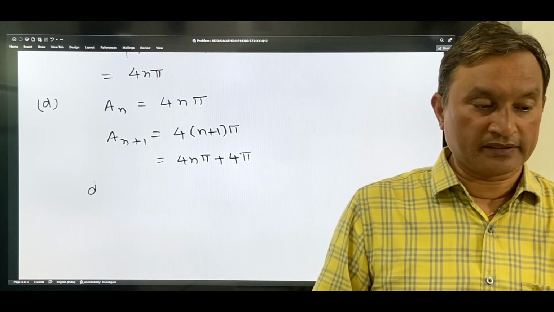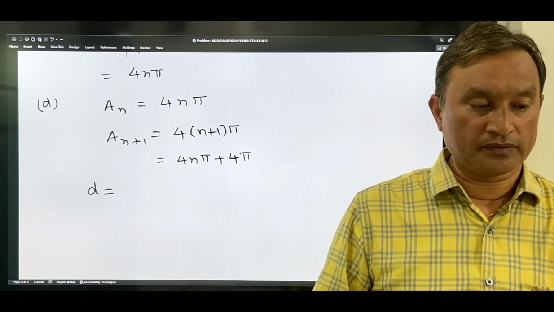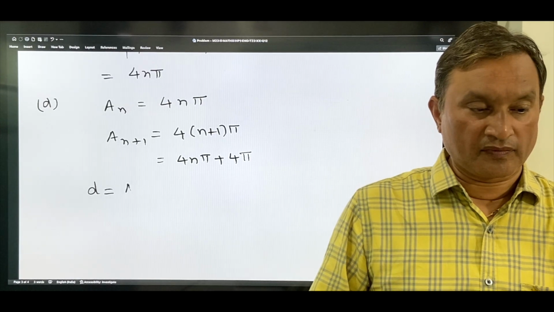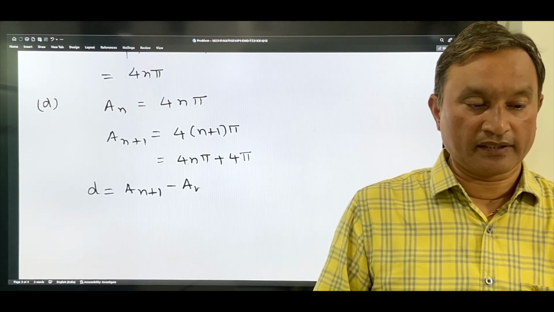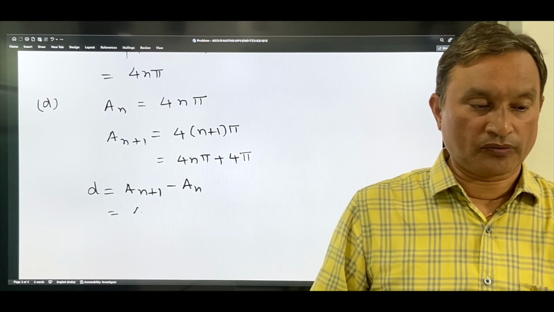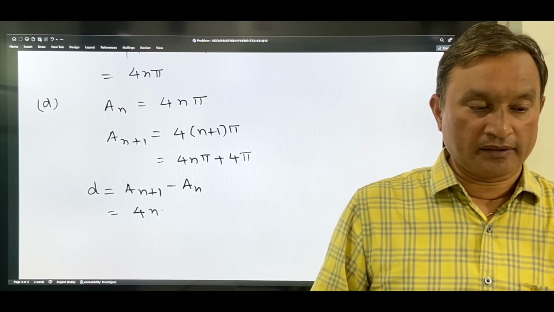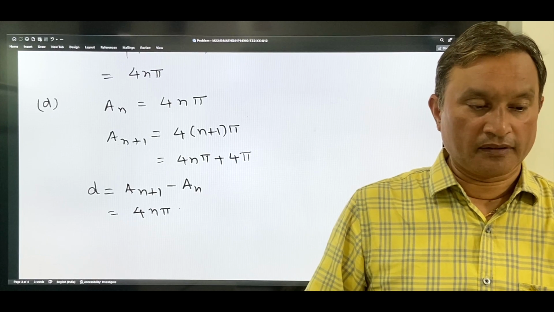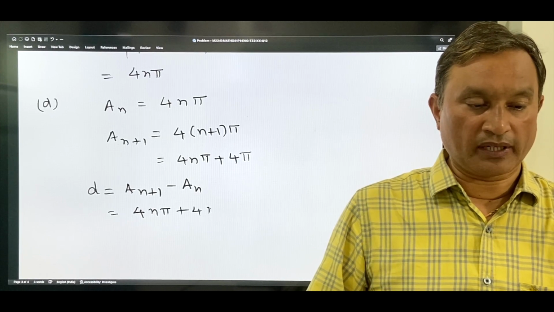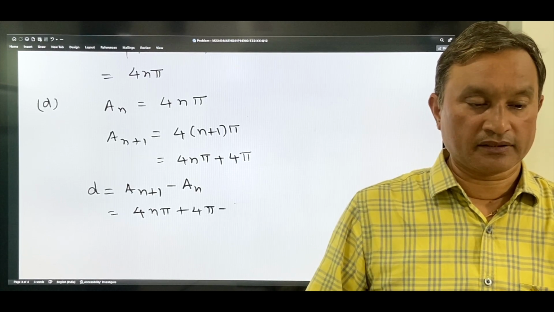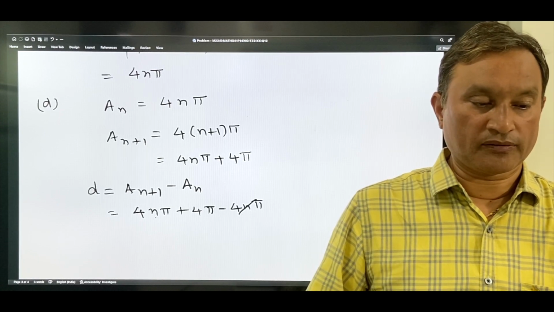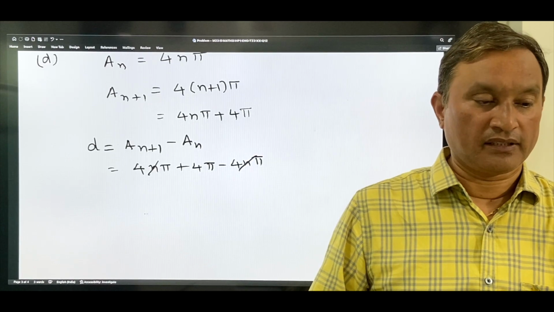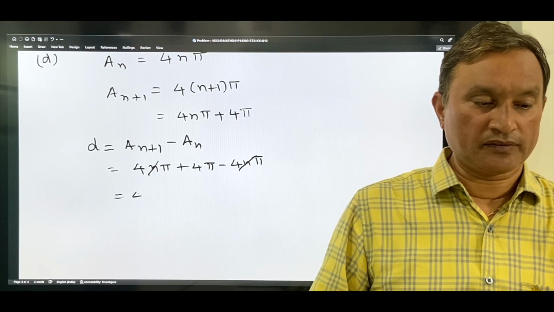So the difference d equals A(n plus 1) minus An, which is 4n pi plus 4 pi minus 4n pi. 4n pi would be cancelled and the difference would be 4 pi.